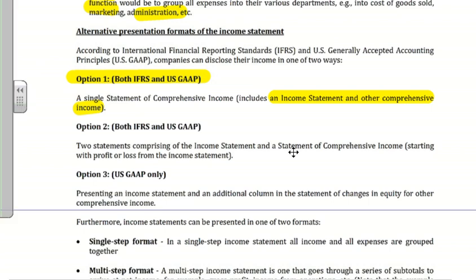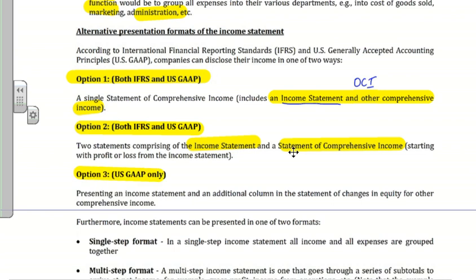Remember, other comprehensive income also goes by the fancy name OCI, and that is anything that doesn't fit in the normal operations of the business under the income statement, and we'll illustrate some of the things that go over there, foreign currency reserves and things like that. Option number 2, both IFRS and US GAAP allow it as well. We've got two separate statements, one for the income statement and a separate statement then for other comprehensive income.